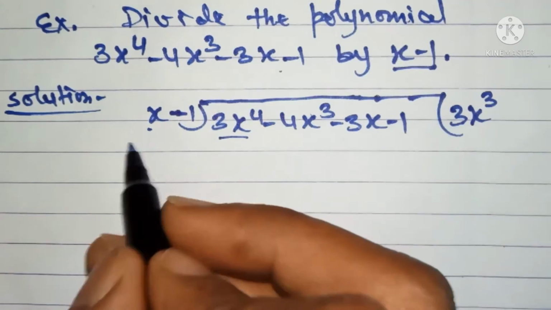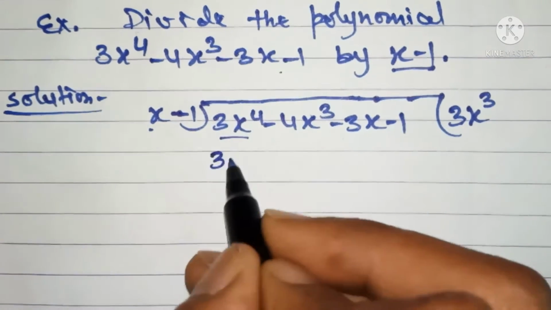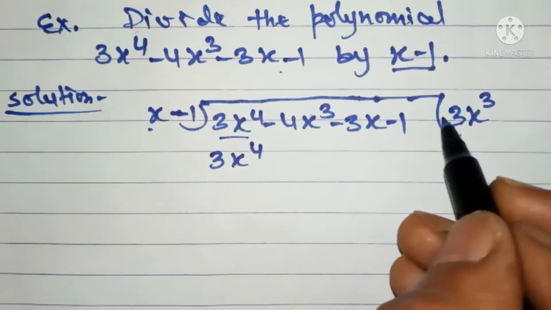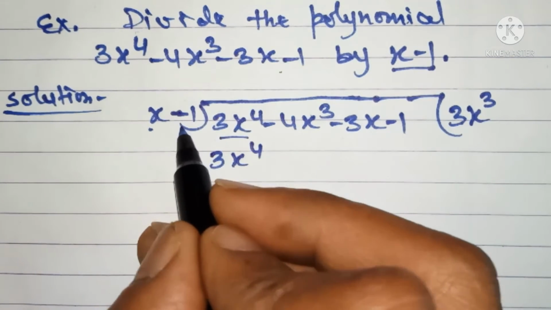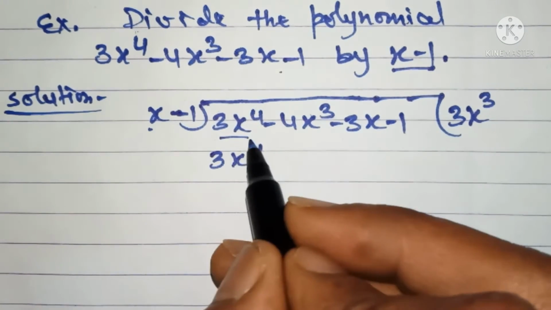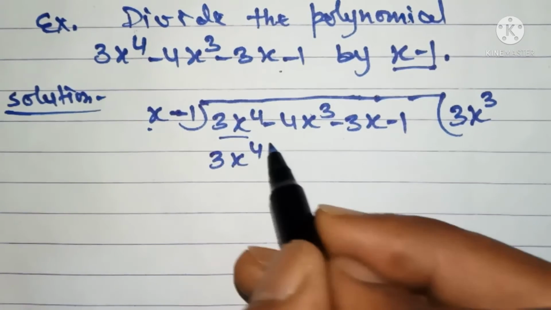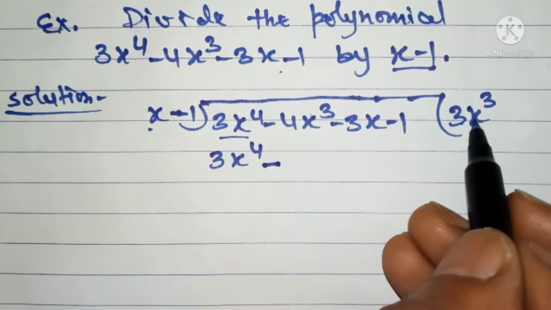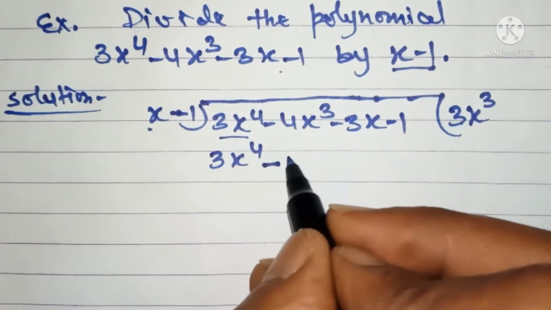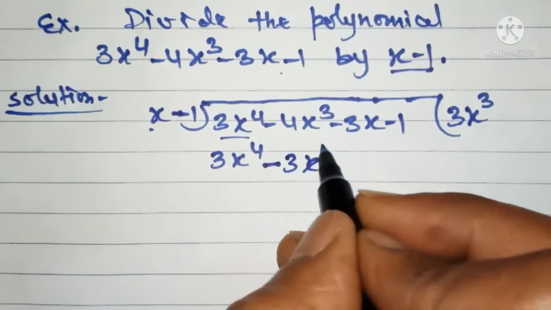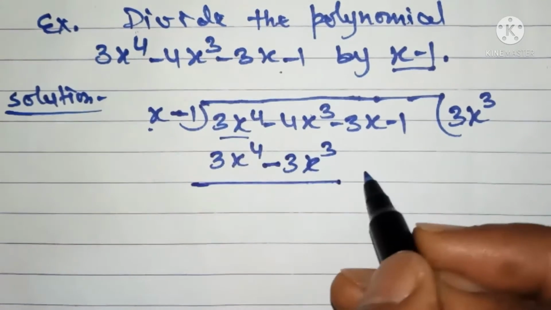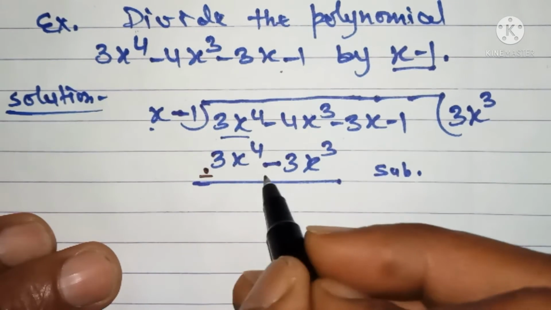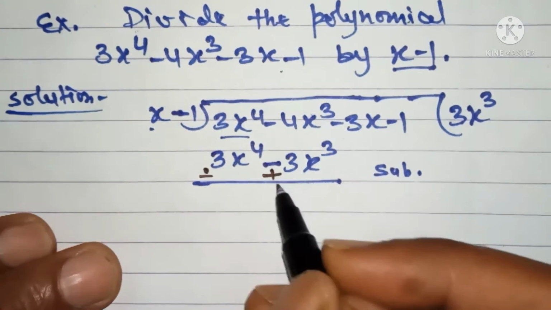3x to the power 3 into x is equal to 3x to the power 4. We have here sign plus and here minus, so after multiplication we will get the minus sign. 3x to the power 3 ones are 3x to the power 3. By subtracting, it will be minus and it will be plus.